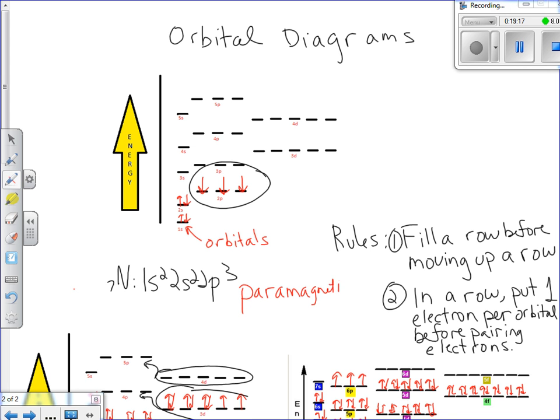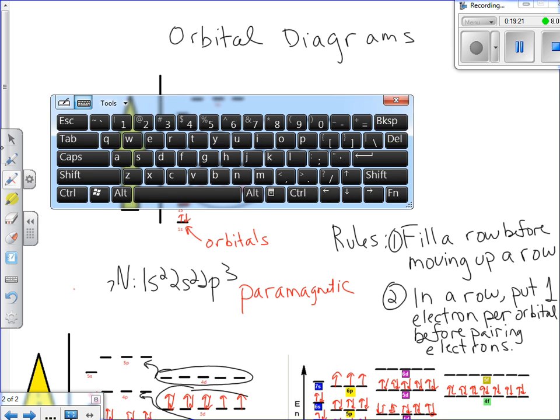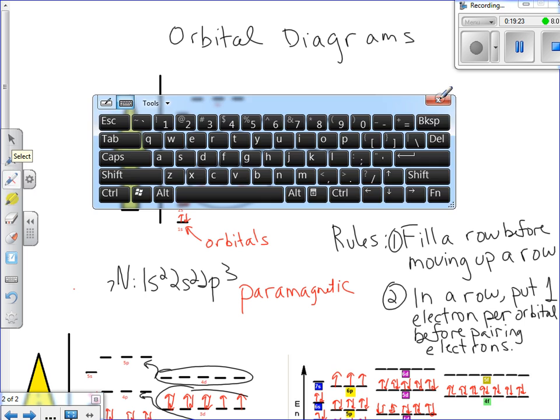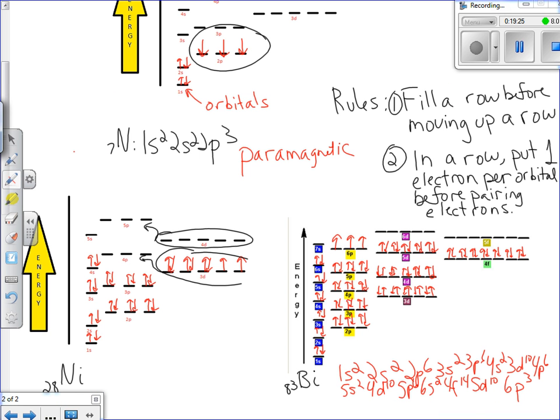So nitrogen, in fact, is paramagnetic. I can't speak today. Okay, how about nickel? Oh, I see some unpaired electrons right here. Therefore, nickel is paramagnetic. Nickel would be slightly attracted into a magnetic field or attracted by a magnet.